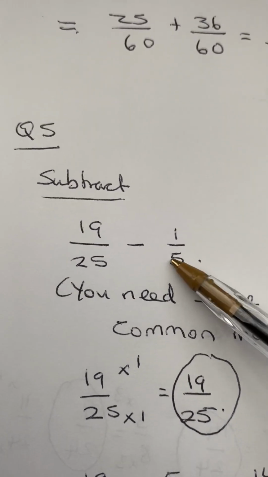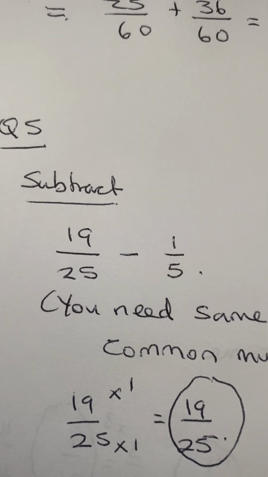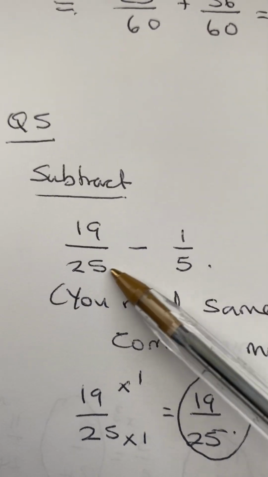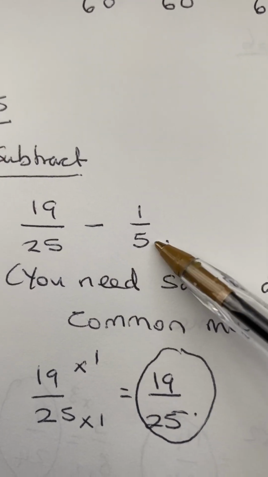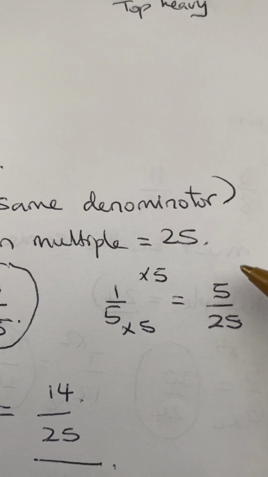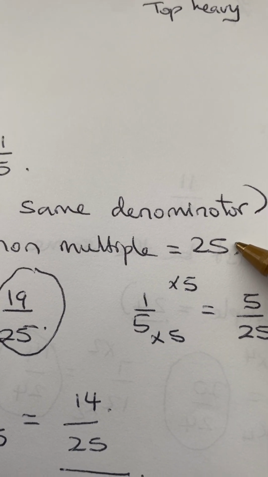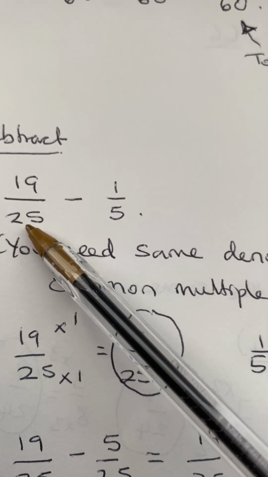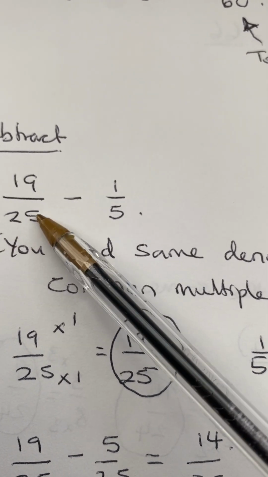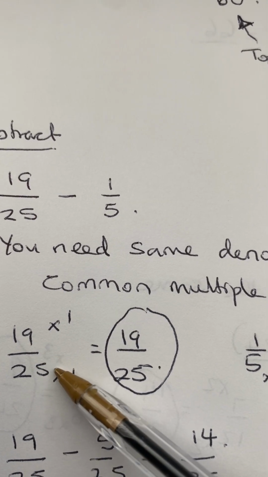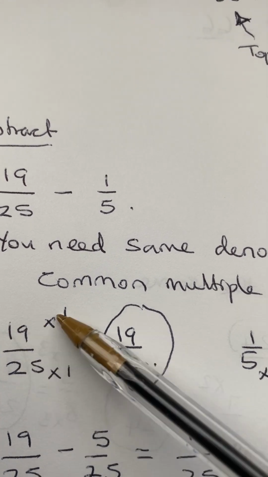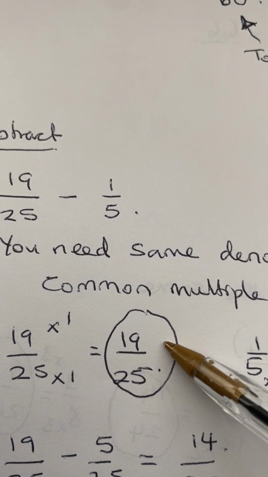Here we want to subtract. So as we did in addition, we need to keep the denominators the same. So the common multiple here is 25. Now this is already 25, so we don't have anything to do with that, because if you multiply by 1, you get 25. 19 by 1 is 19.